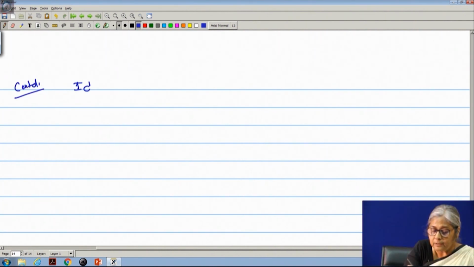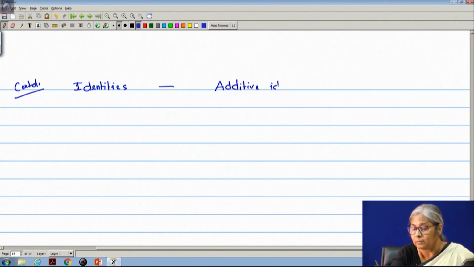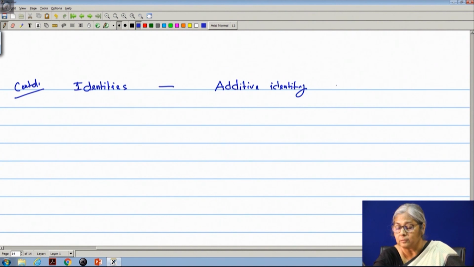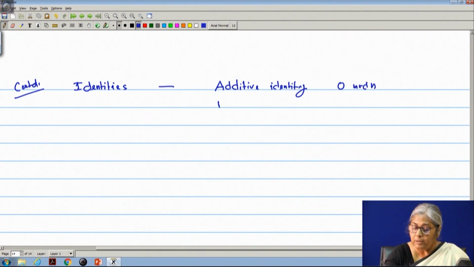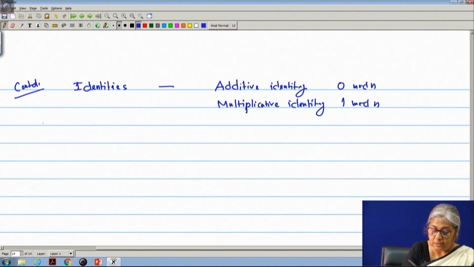If I take the identities, we have already seen that the additive identity is 0 mod n and the multiplicative identity is 1 mod n, and they exist because 0 and 1 are always in the set.